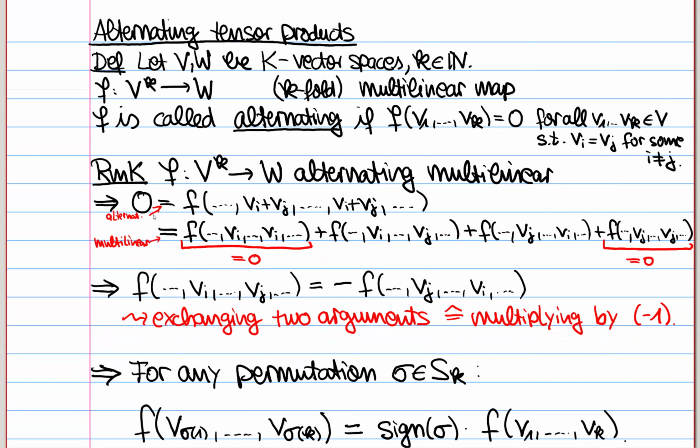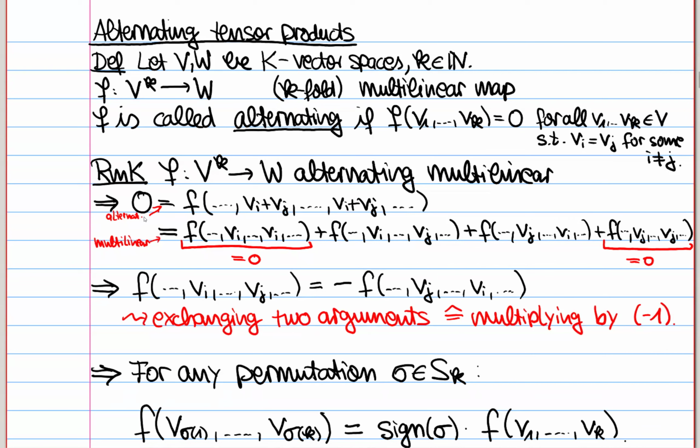But now we use this multilinear property, and so we have a sum of two terms here, two terms here. If we expand this, then we get four terms, which basically have all combinations of the vi's and the vj's, like this. And then you see of these four terms, two vanish again, because vi, this is two times the same thing, this is 0 by the alternating property, and the same here with the vj.